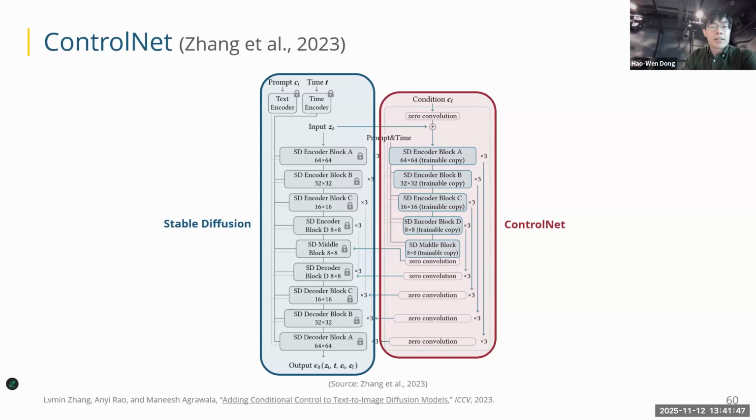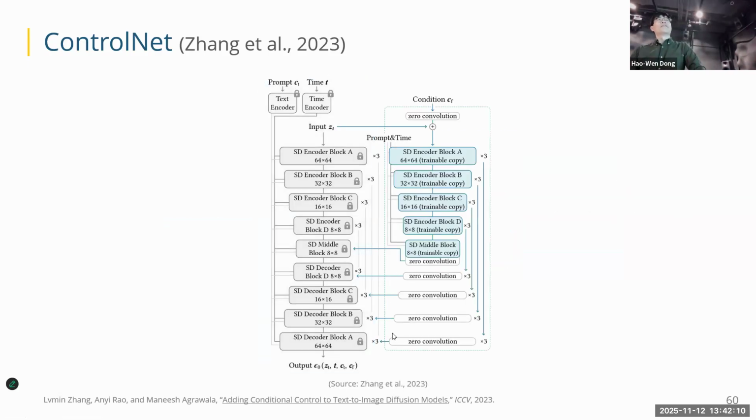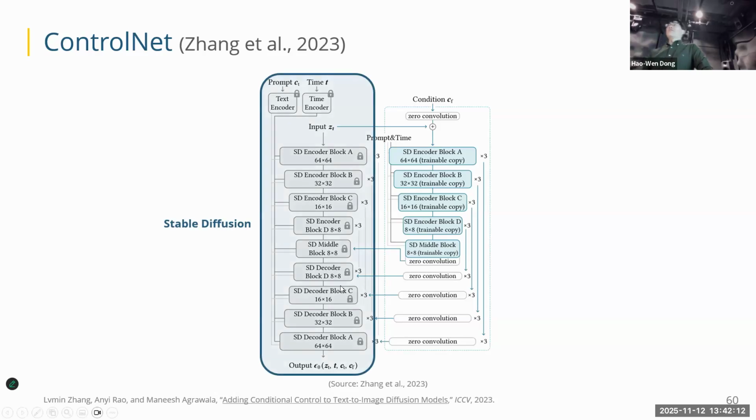It's actually something like this. You go from X and then you go to Y, right? That's every single block. What you want to do is add something to this Y output, so it's like a residual net. And the idea of ControlNet is that this thing defaults to do nothing. When you train this, originally everything past here is 0, so it won't affect the original thing.